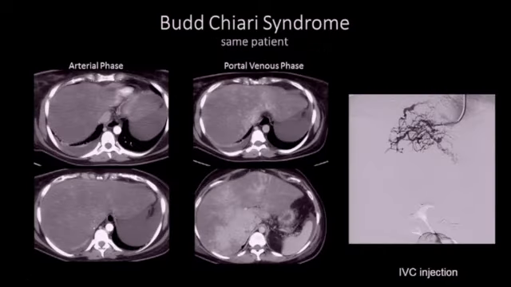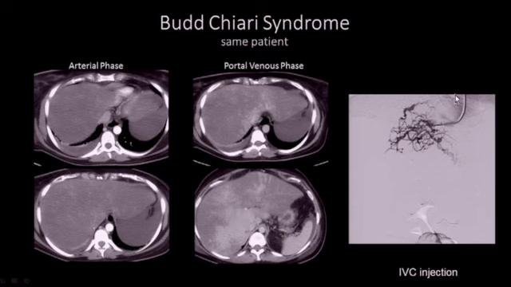This same patient went on to have CT, and these are the arterial and portal venous phases, which show very classic findings of Budd-Chiari syndrome. The liver was large, edematous, poorly enhancing in the arterial phase, poorly enhancing in the portal phase, other than some areas such as the caudate lobe, which had some blood supply.